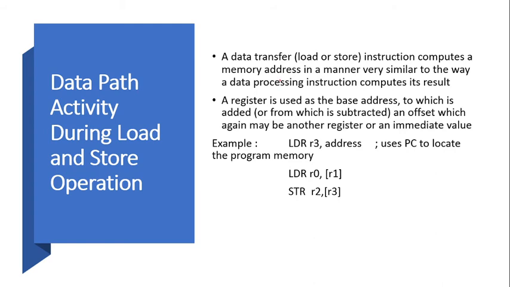So the first thing is to compute the memory address, whether it is a load or a store. You need to have the memory address, and that takes one cycle. After computing the memory address, it is going to load the value to the register or store the value. So there are two phases involved.